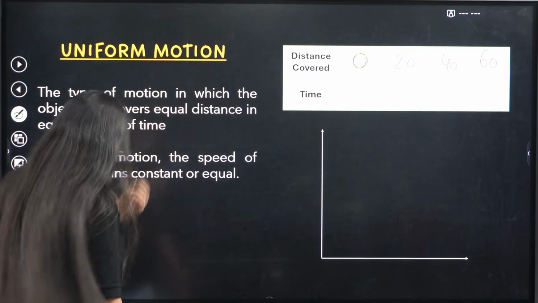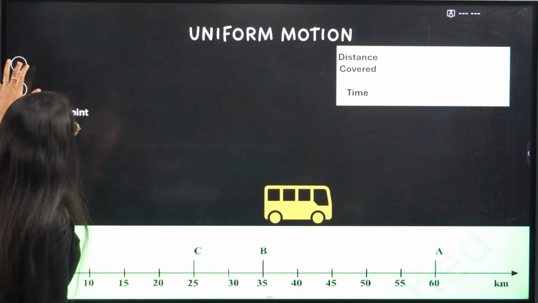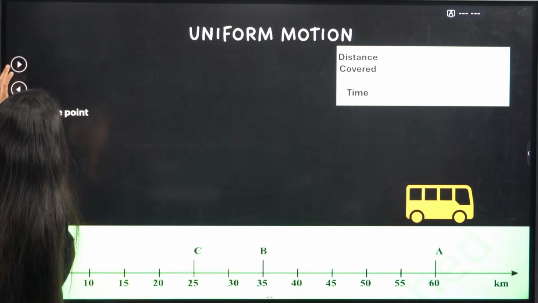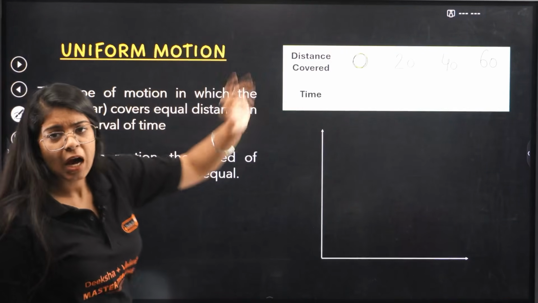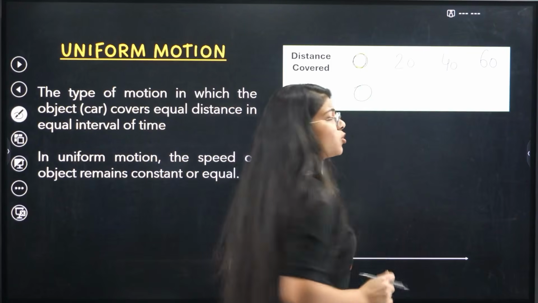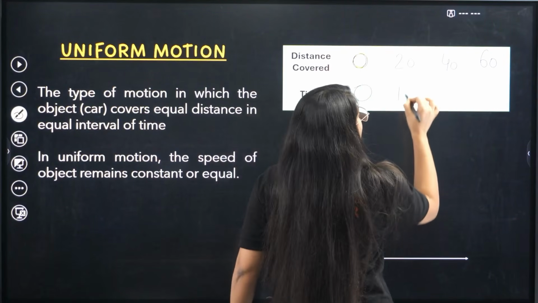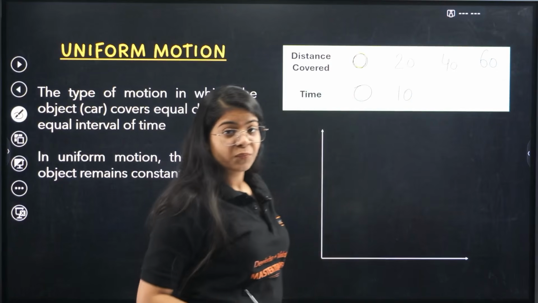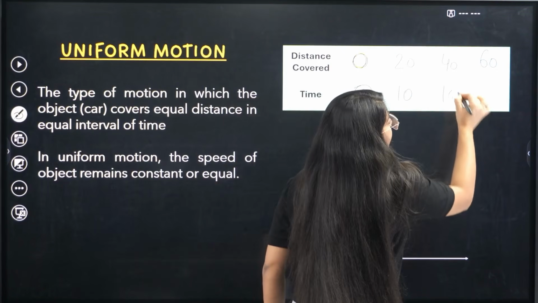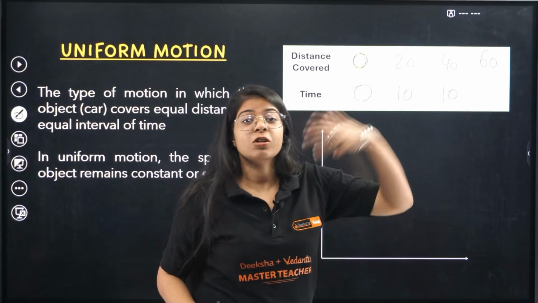Now, let's say this bus was taking 10 seconds for every house. When it was at your house, the time was 0 seconds. We just started counting. After 10 seconds, the bus reached the second house. Then after 10 seconds, the bus reached the 40 meter house, or the third house.